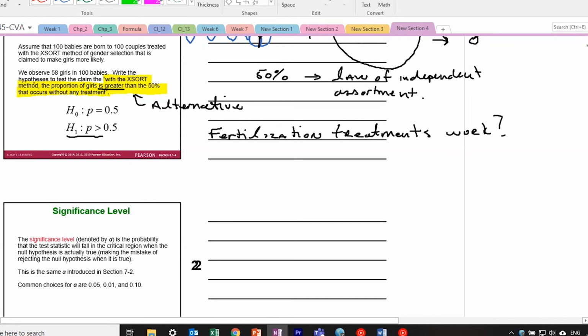So why are they making this claim? They're making this claim because they did a clinical study or some sort of trials where they saw that they actually got 58 girls out of a sample size of 100. And that gives them a sample proportion of 58%.